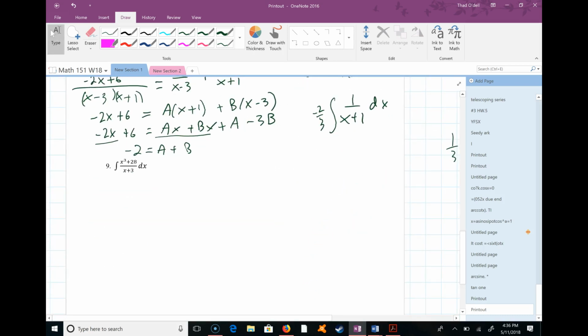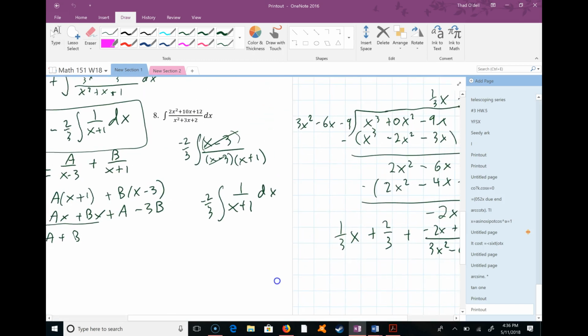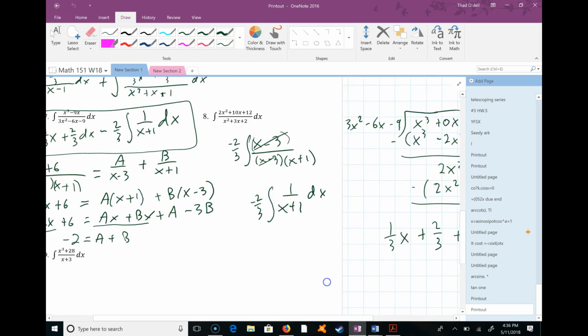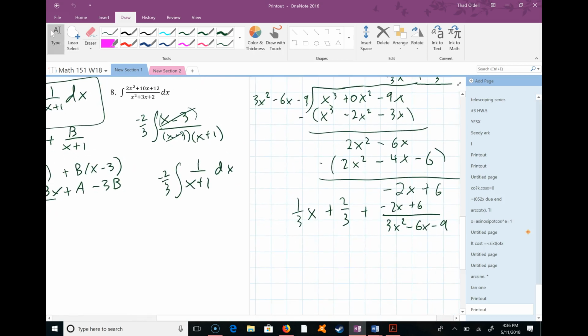This is another one where I want to factor or divide the bottom and the top because of the top of your fraction. I think we did one like this in class. Maybe we didn't. Yeah, I think we did that one in class. So I think I'll do this one here instead. Number 8 is the integral of, and on this one I'm going to factor out a 2 just so I can see it better.